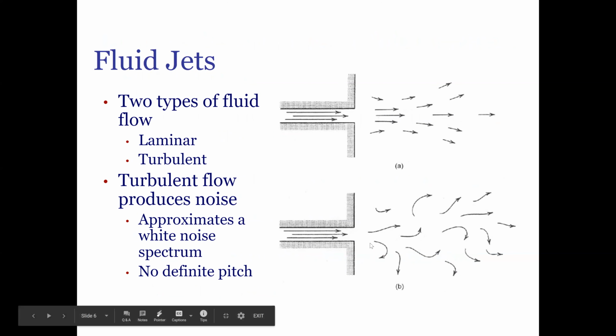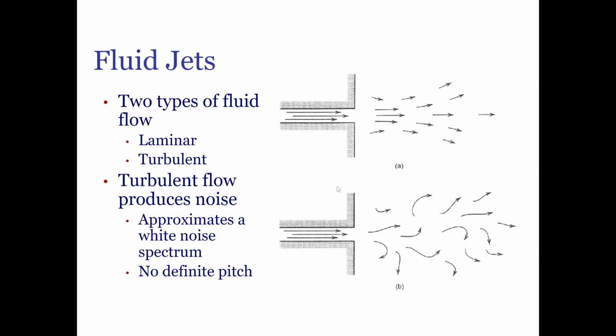So when we talk about edge tones, we have to talk about fluid jets, because ultimately what we have is a jet of fluid, air, being blown over the knife edge.